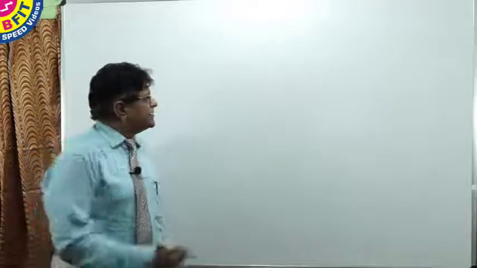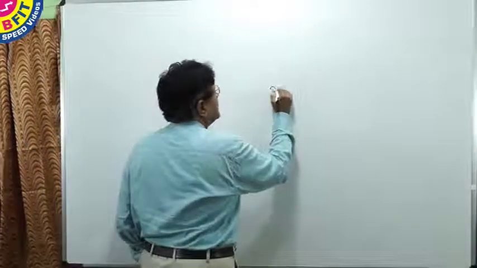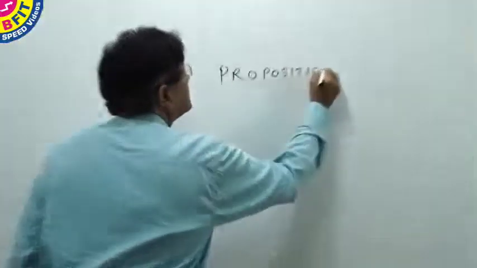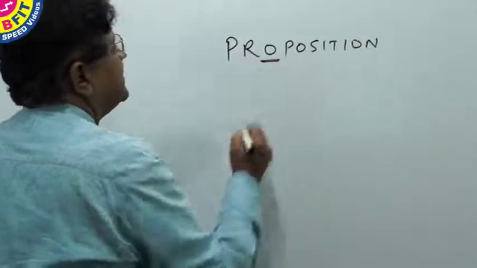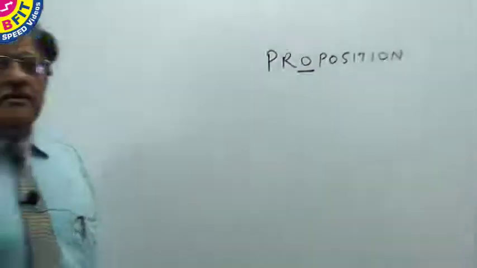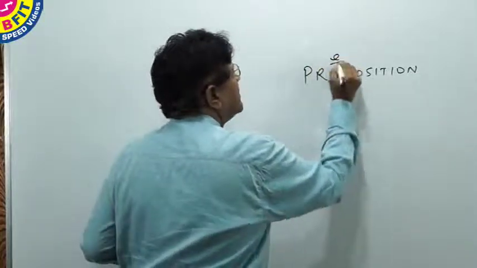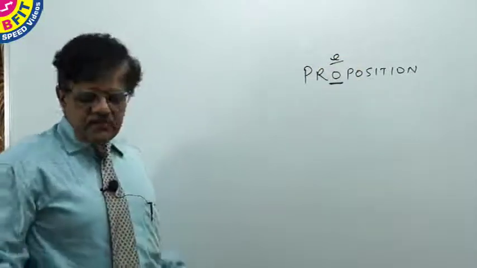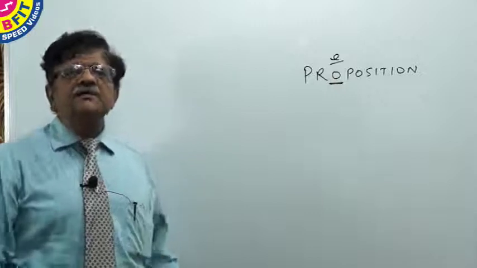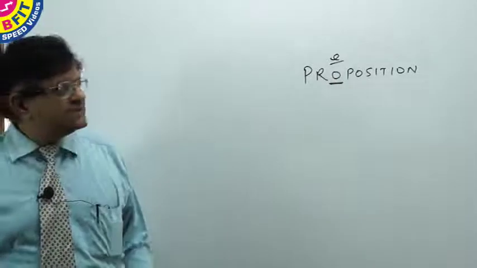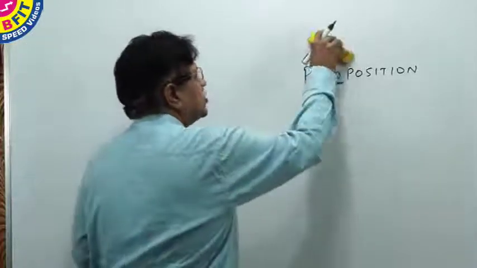It is P-R-O-P-O-S-I-T-I-O-N. It is not P-R-E. P-R-E means preposition. This book is on the table. Here, on is the preposition. Here it is P-R-O. P-R-O means it is a logical statement. It is also called a premise.